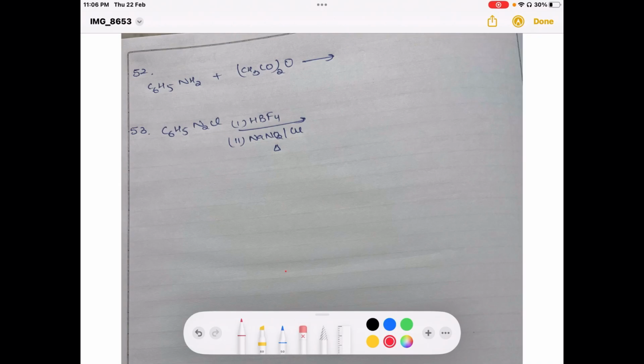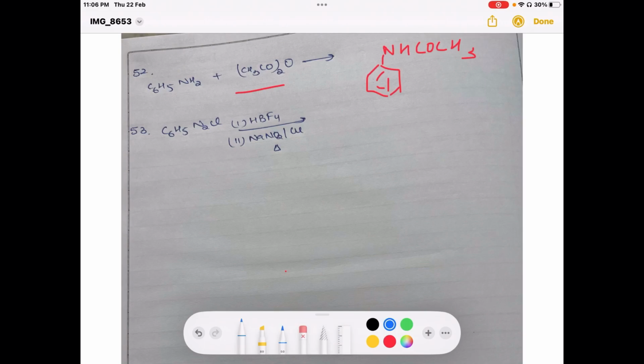C6H5NH2 with acetic anhydride is basically an acetylation reaction, which we do for the protection of the amino group, or you can say to reduce the activity of the NH2 group by changing it into acetanilide form.